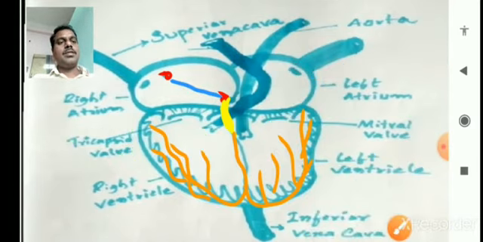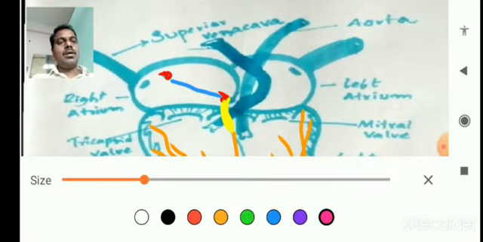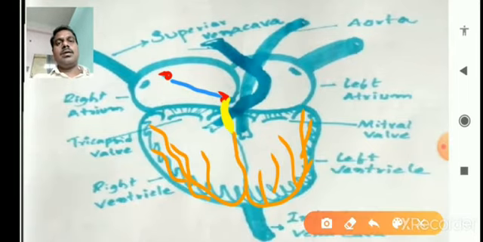The blood enters into two main arteries: the pulmonary aorta, and the second one, the main aorta, right? So this is the pulmonary aorta.